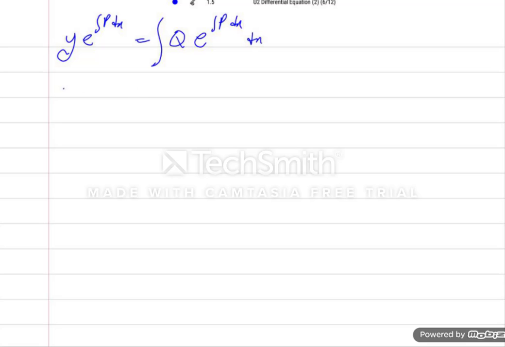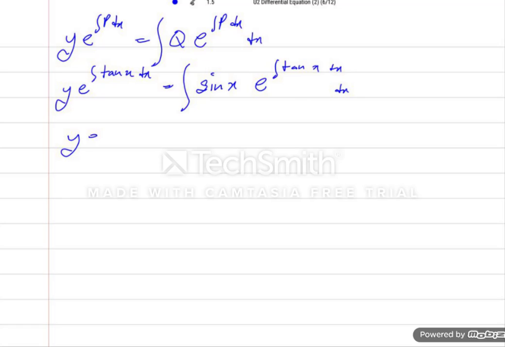Alright, so this is going to be y e to the integral of tan x dx, equal to the integral of q, which is sin x, times e to the integral of tan x dx dx. When you integrate tan, you're going to get what? Ln sec.